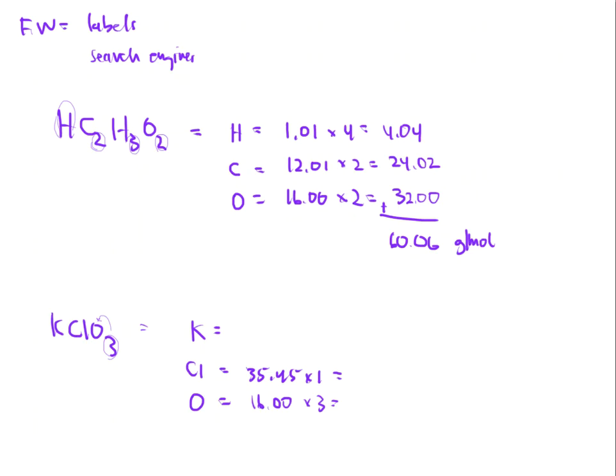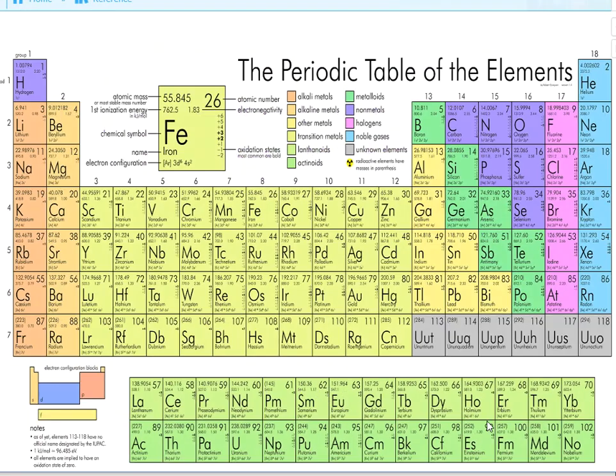And now I need potassium. Potassium is an alkali metal. The alkali metal group is here in the first column, and potassium is in row number 4, period 4. So potassium here is spot number 19. That's the atomic number, but the mass of it is what I need to use. The mass of potassium on this table is in the top left.